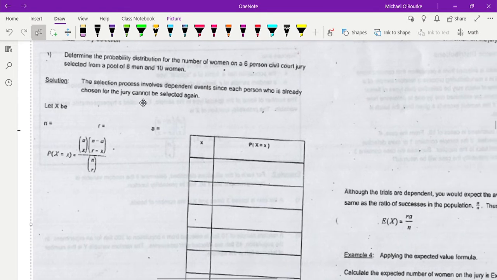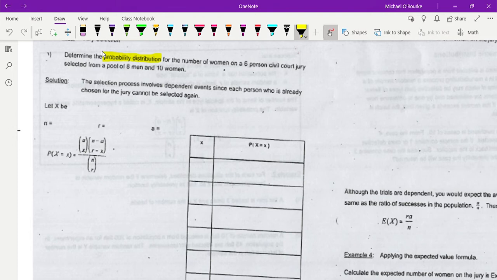So, determine the probability. We're going to touch on this, but we're not going to fully do it right now. If you see the words probability distribution, it means make a table, then make a graph.